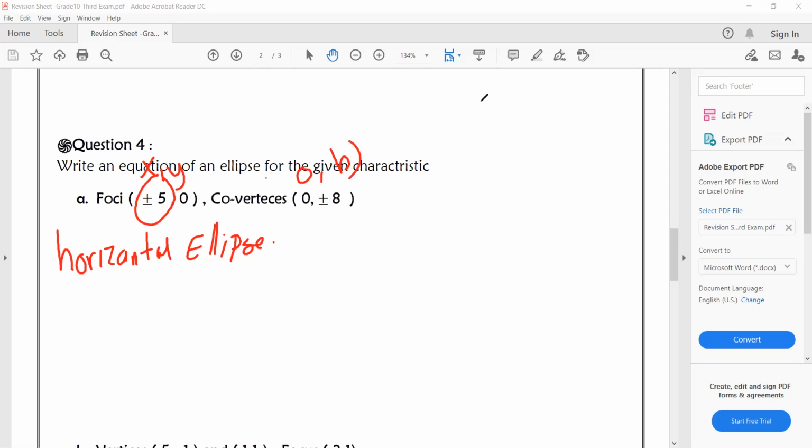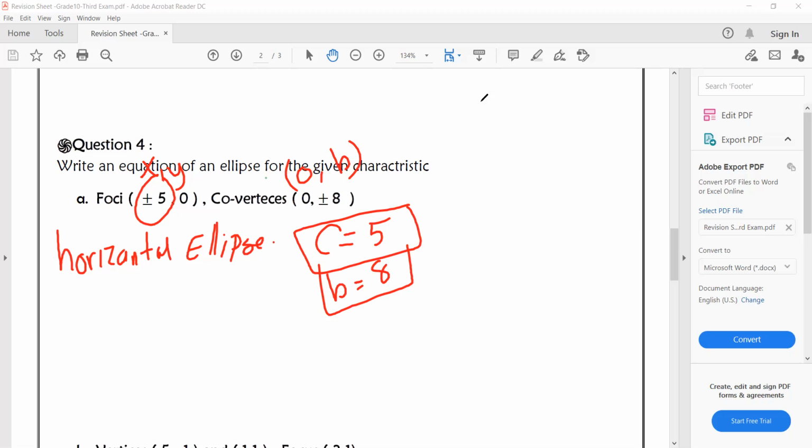From the given information, I can see that c is 5 and b is 2. Is it right? Yes. Can I write the equation of the ellipse now? No, I need to find the value of a.